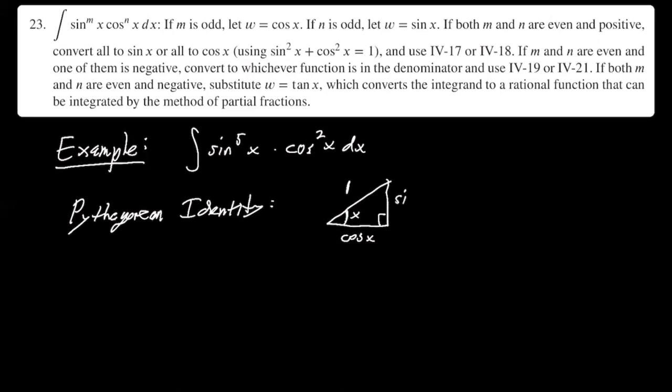And the opposite side is sine of x, because that's opposite over hypotenuse. And then you just read off the Pythagorean theorem, and it says sine of x quantity squared, or we write sine squared of x, plus cosine squared of x equals 1.